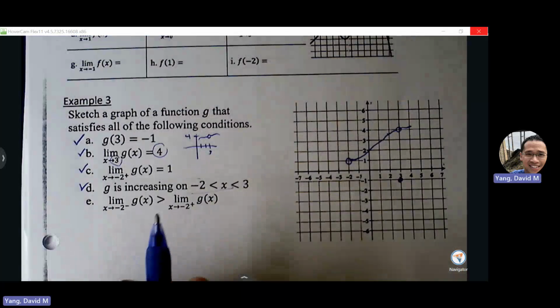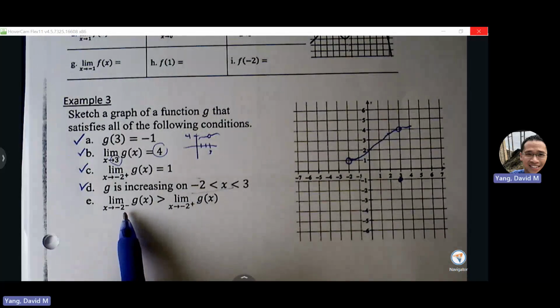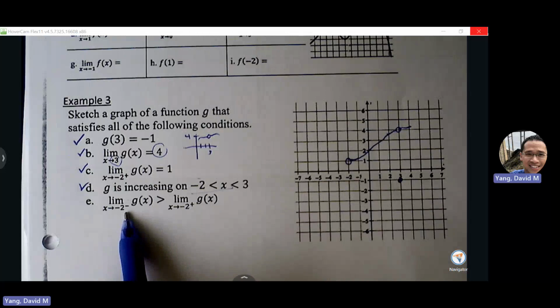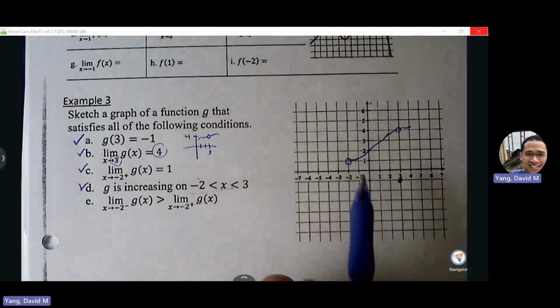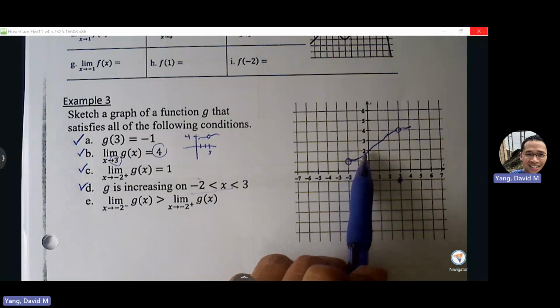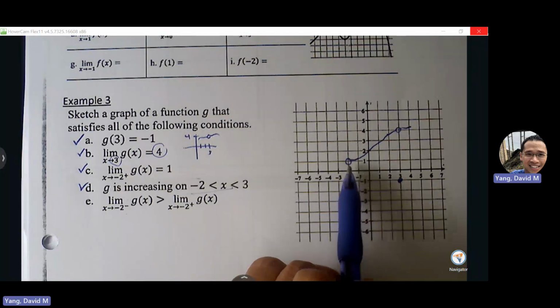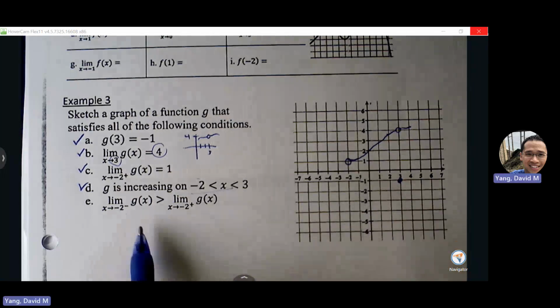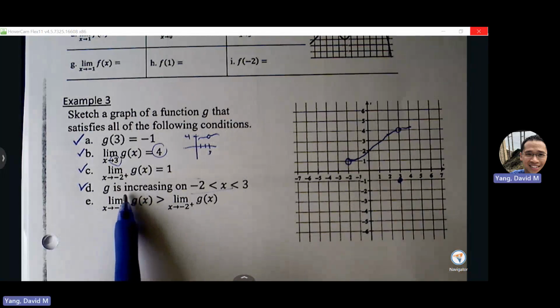Okay, next up, I want my limit as x approaches -2 from the left side to be greater than the limit as x approaches -2 from the right side. So here, my one-sided limit is headed towards 1. That means I want the one-sided limit from the other side to be what? Greater than 1, right?